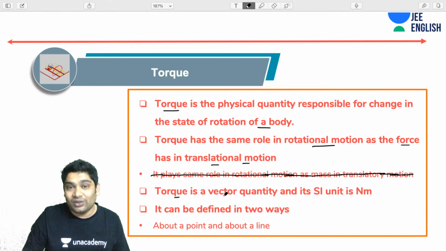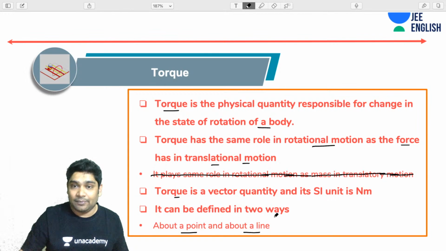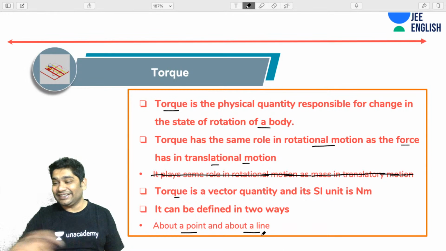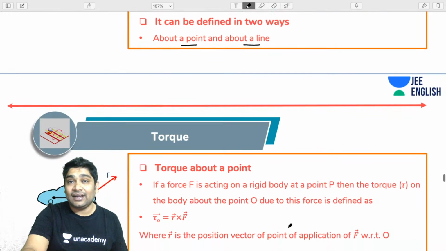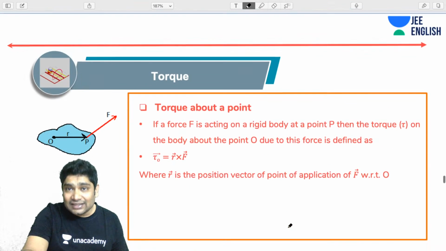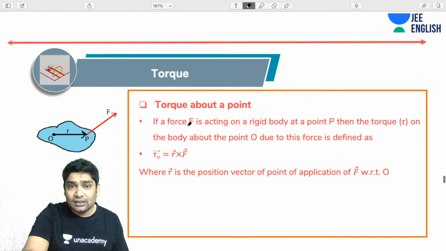Now, torque is a vector quantity and it can be defined in two ways. First of all, it is either defined about a point or about a line. Torque is a vector quantity. SI unit would be Newton meter. And this is how we define the torque, by the way. First we will talk about torque about a point.